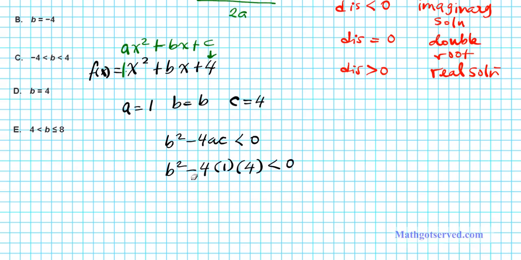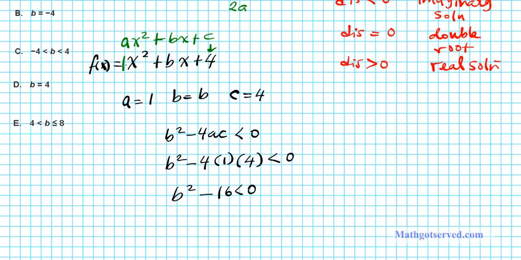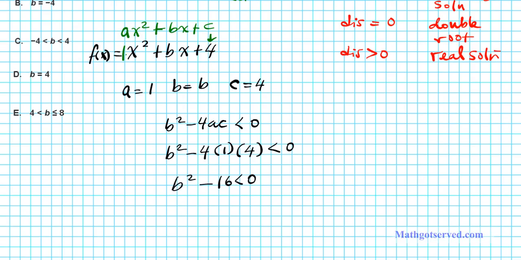Now let's solve this inequality. We have b squared minus 16 is less than 0. So let's get b by itself. We'll add 16 to both sides. That yields b squared is less than 16. Now how do we isolate b?